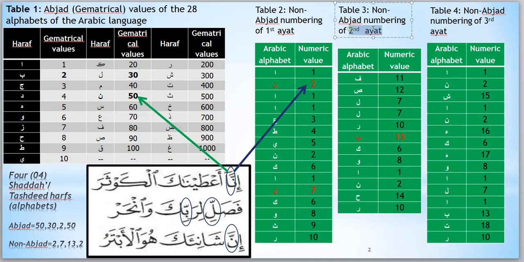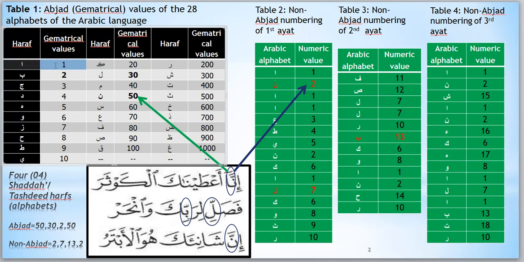For the second ayat, the second green table, and for the third ayat, the third green table is shown. Same explanation. Since this is a non-abjad based numbering, I have to tell you that Hamza and Alif will be numbered differently, because in abjad calculation, Hamza and Alif have the same numbering, that means 1.